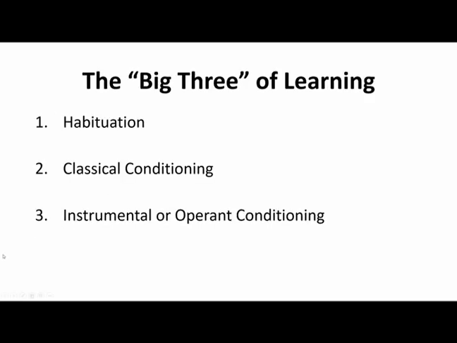But just to get started, I want to do a reminder back to Psych 104, where you would have been taught in the learning chapter about the big three of learning. We have habituation, classical conditioning, and instrumental or operant conditioning. So we have event-alone learning, event-event learning, and behavior-event learning.